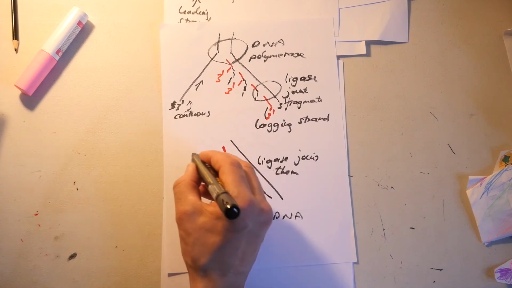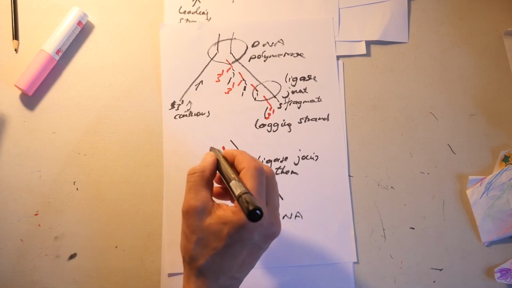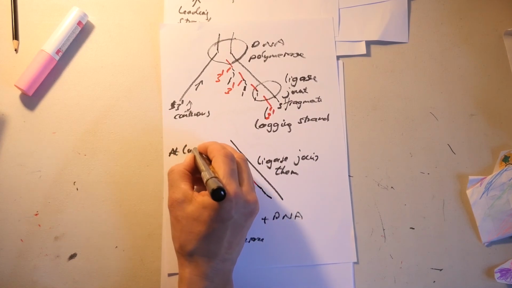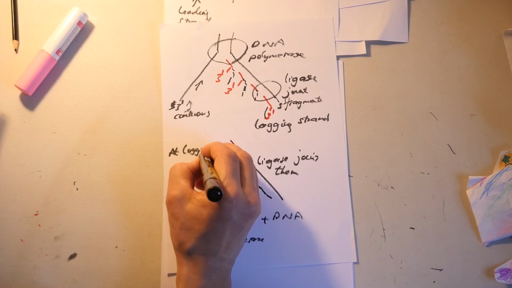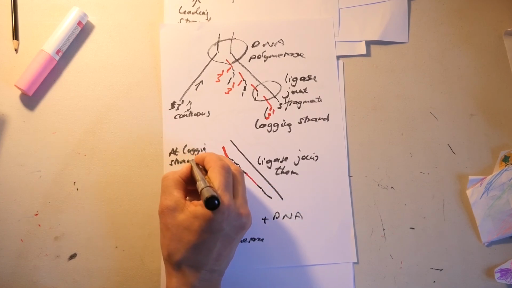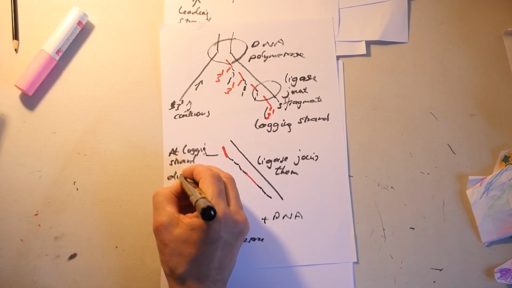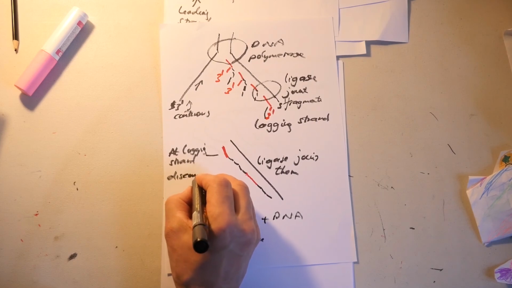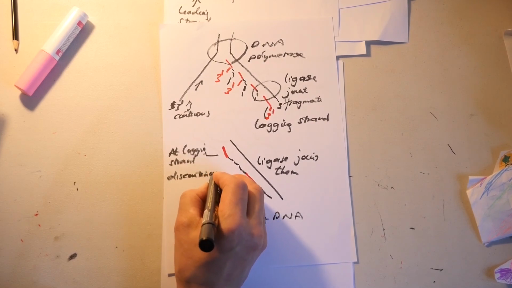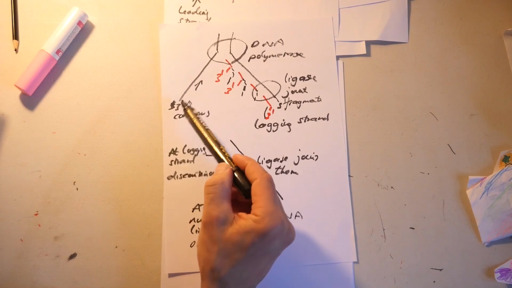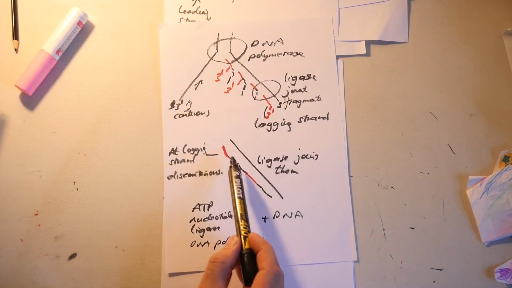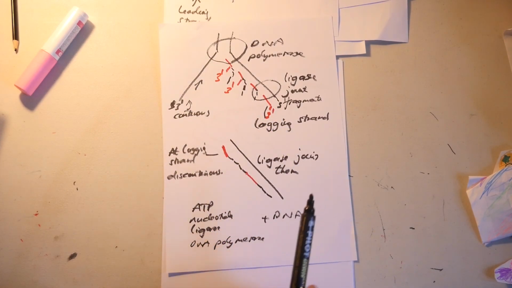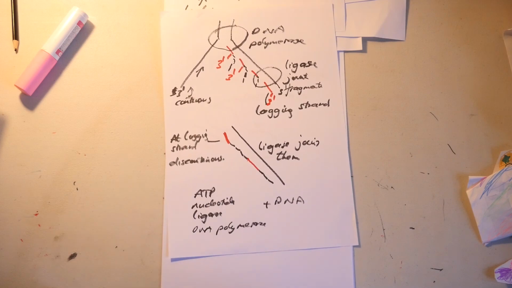The replication of DNA on the lagging strand is discontinuous. The leading strand is continuous, this strand is discontinuous, made of lots of sections that join together. So that's how DNA replication works.